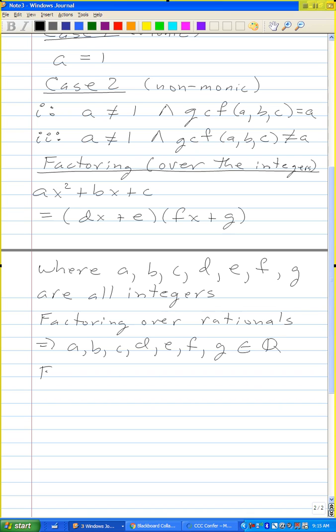And if I say I'm factoring over the reals, then that means that these are all real numbers.